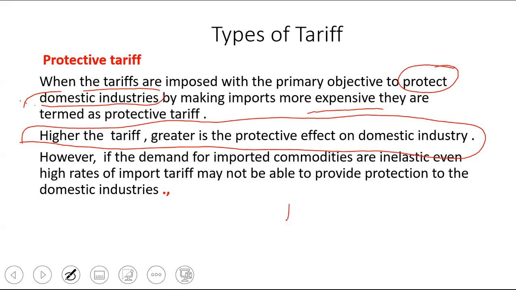When the tariff is high, I hope you are understanding, otherwise tell me. Suppose tariff is nothing but custom duty. Okay. So when the tariff is high, what will happen? Import will become low.